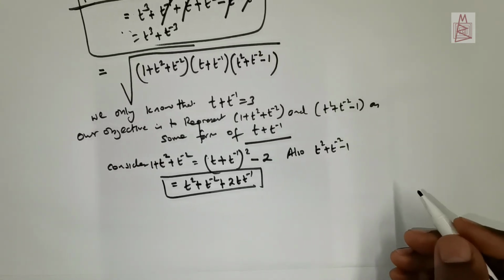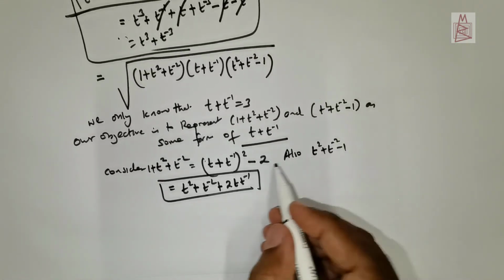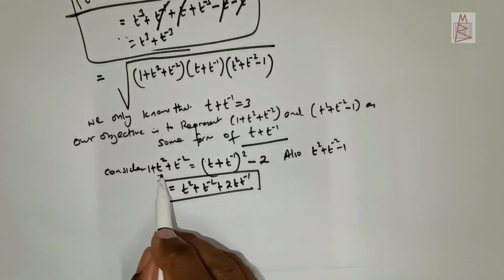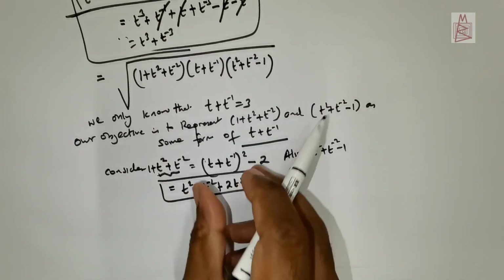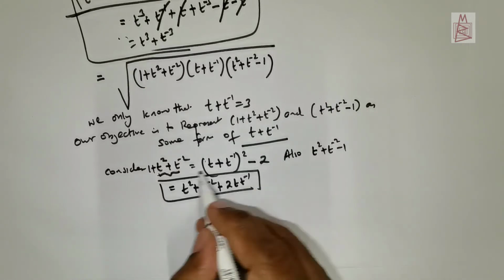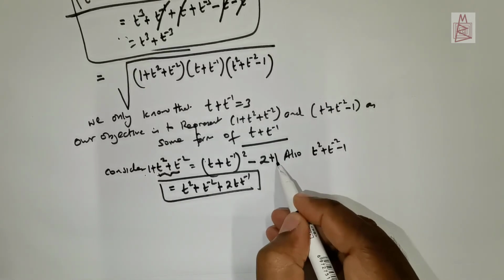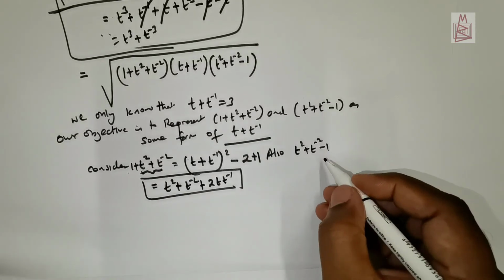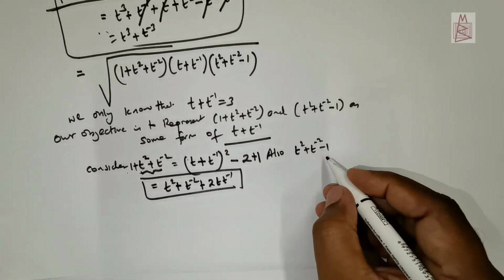Next, I've got t^2 + t^(-2) - 1. So I am going to represent this in the form of the same square. By the way, there is an addition of plus 1 there, so make sure to place that 1. That is critical. If you miss that, the solution will not be the right one.